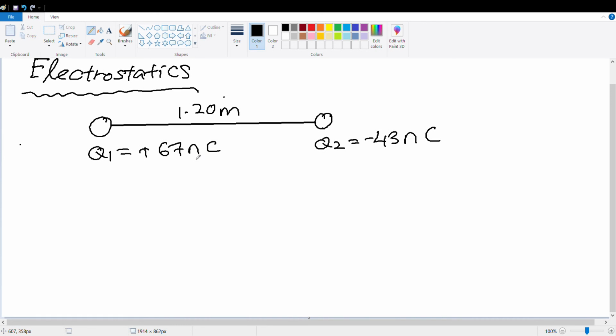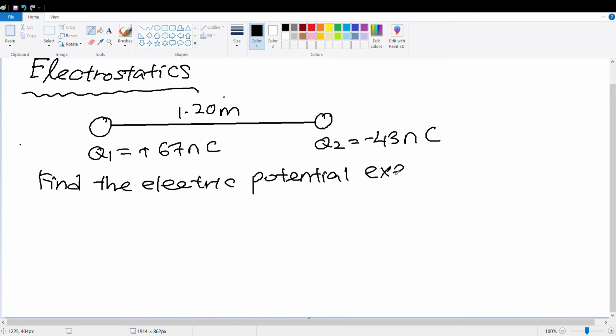The question is to find the electric potential exerted by Q2. It's quite simple: the electric potential exerted at Q2 is produced by Q1. So what we need to do is find the electric potential produced by Q1, which is V1.